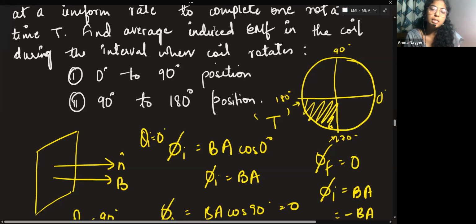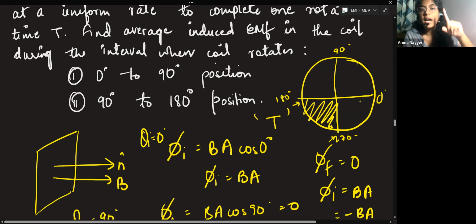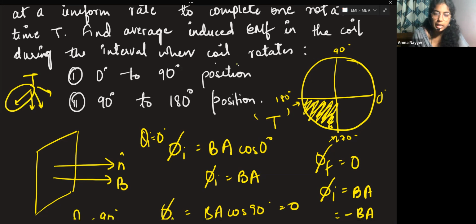First, tell me, how many divisions are you able to see? 4 or 3? 4. So out of which I have taken only 1. So that becomes T by 4. See, the total is T. You have divided it into 4 equal parts. So if you take just one part of it, that becomes T by 4. Clear, Hiba?